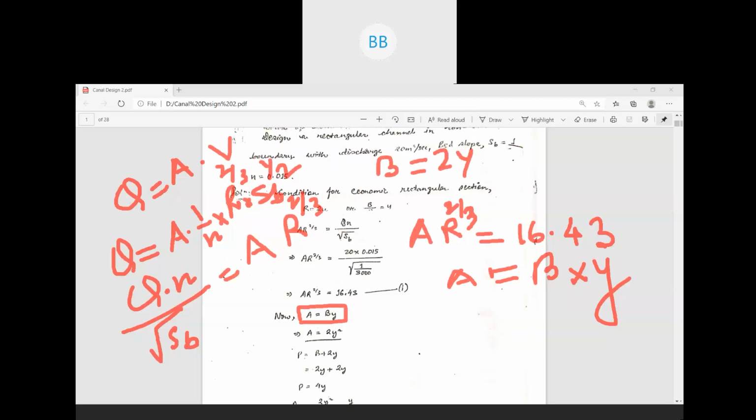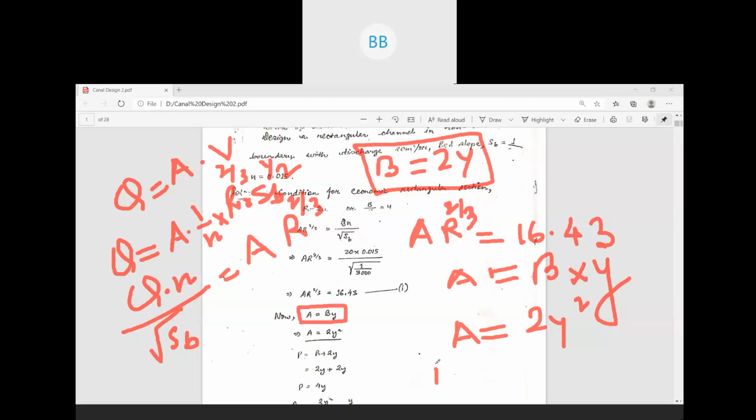This is your economic condition for a rectangular channel. So if you apply this, in place of B you can write twice Y, so the area will be twice Y square.